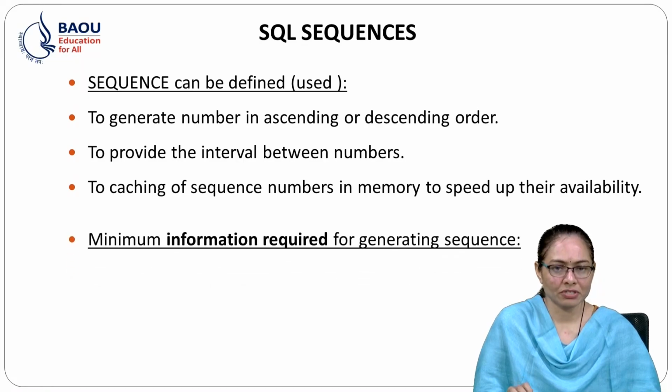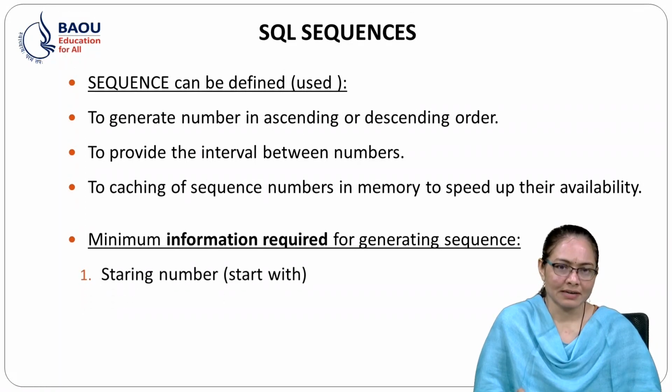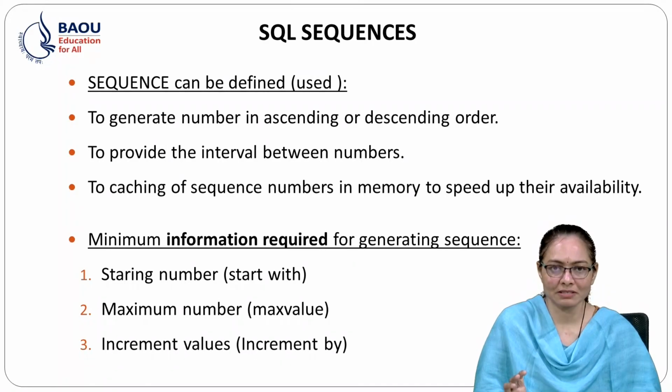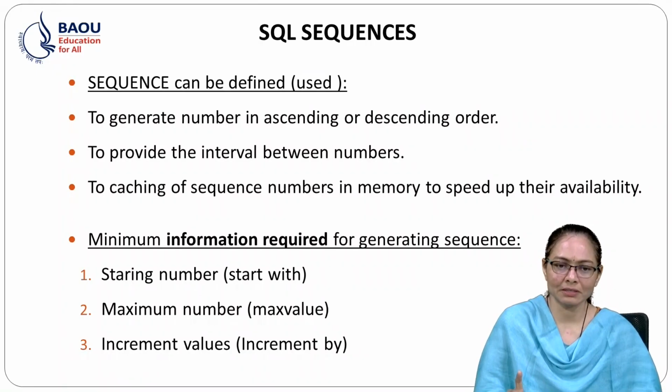The minimum information required for generating the sequence is that if we create a sequence, then the starting number is compulsory, the maximum number is compulsory and the increment value is compulsory. If you want to create a sequence on a particular column in the table, then these three options are necessary: start number, max number, that is last number, and increment value.